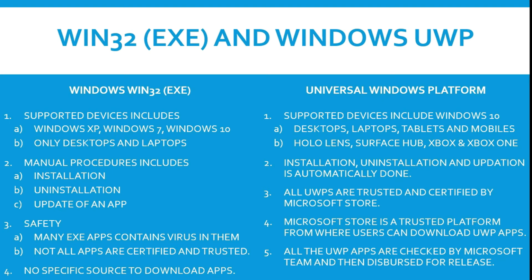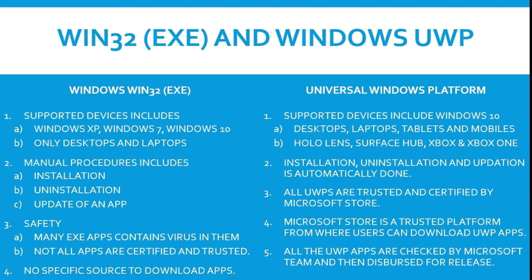Also, there was no specific source to download Win32 exe apps. Earlier we were downloading apps from Softonic, Softpedia, FileHippo and many other websites. Those websites still did not contain trusted, certified content, so that it would not harm our Windows PC.